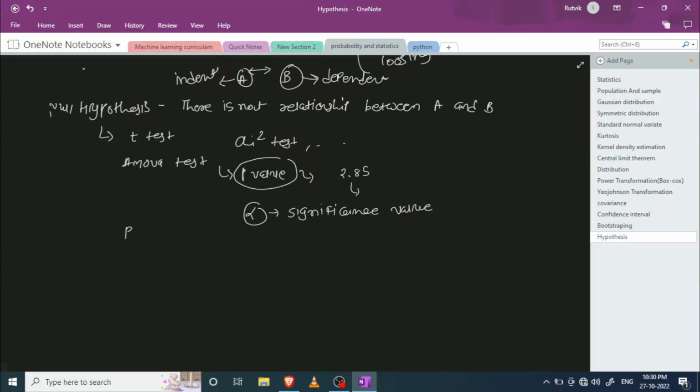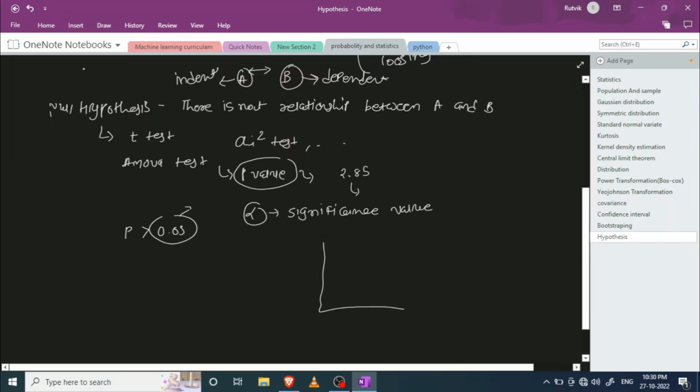After calculating the p-value, suppose the p-value is greater than 0.05. So now the question is, what is this 0.05, right? Suppose we have data that follows the Gaussian distribution. I know my drawing is not good.